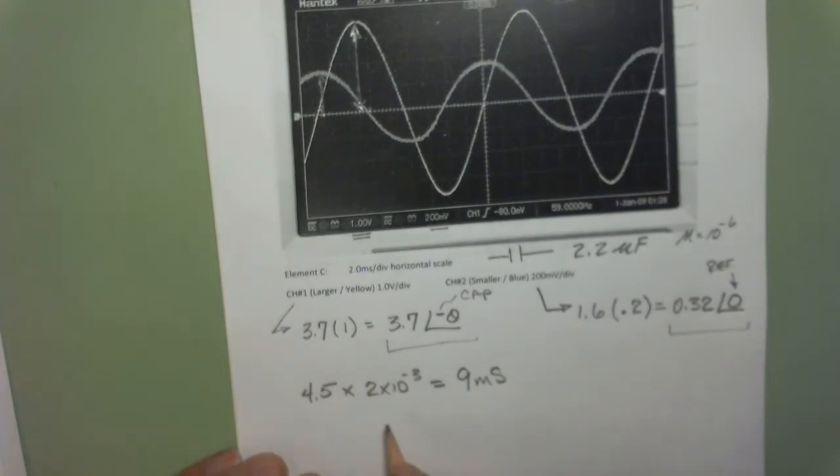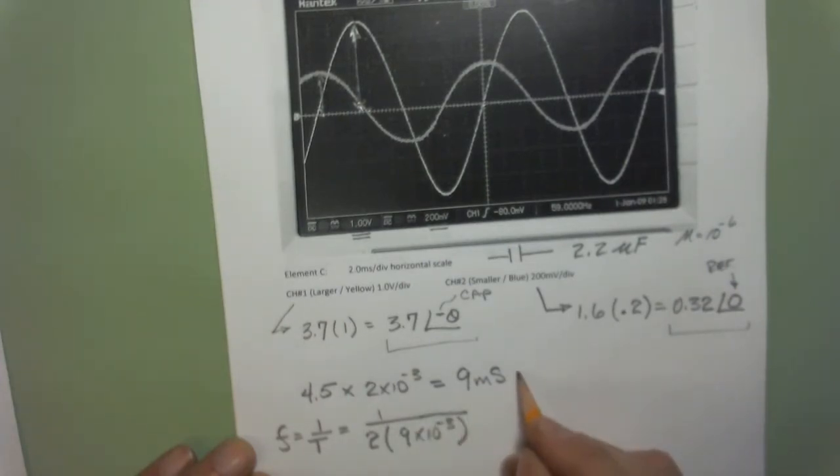So what I want to do with that is I know that the frequency f is 1 over the period T, which would be 1 divided by 2 times 9 times 10 to the minus 3, right? I mean, this is 9 times 10 to the minus 3 seconds, if I'm using base units.